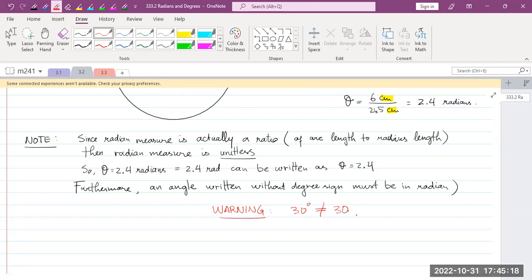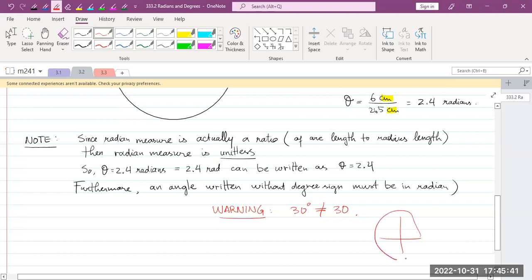This 30 without degrees means the arc length is 30 times the radius. That's a very big angle. It's more than one cycle. 30 degrees is less than 90 degrees, less than the right angle. That's an acute angle. 30 radian is very big, as one cycle is only 2 pi r, right?